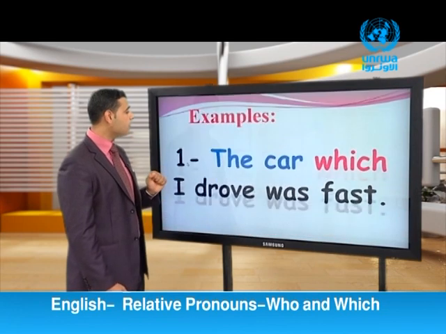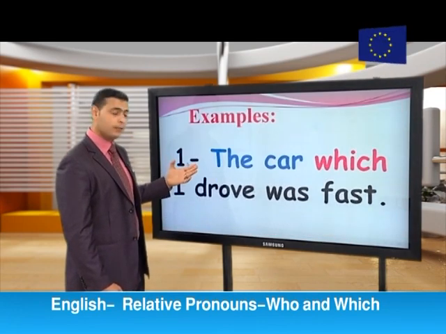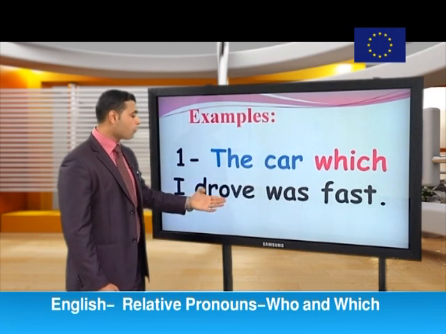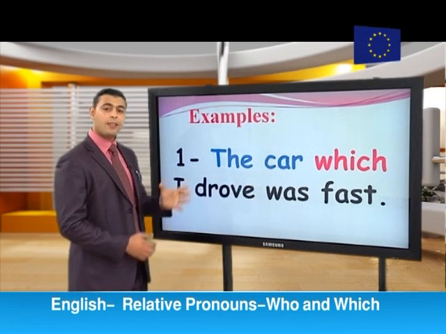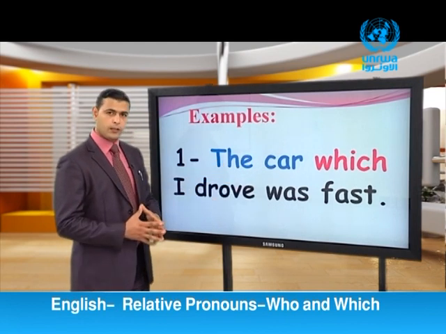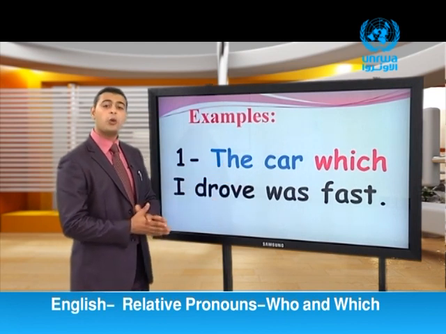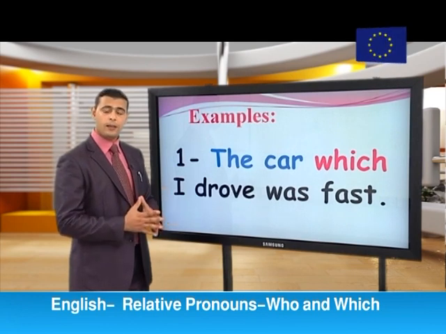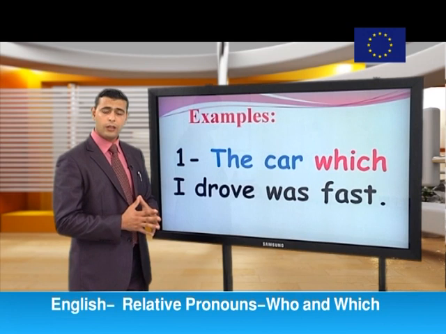Let's have some examples. Example number one, the car which I drove was fast. The car which I drove was fast. Here, in this sentence, we talk about the car. Is it a person? Of course not.